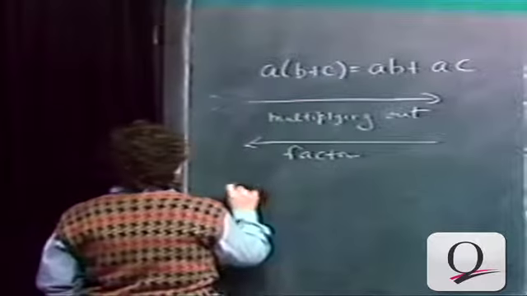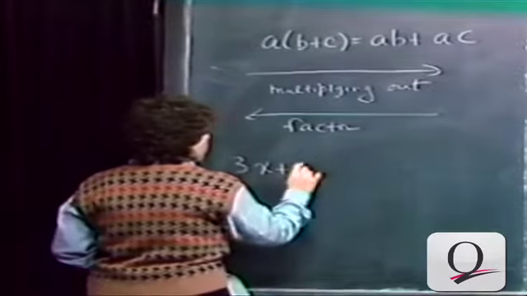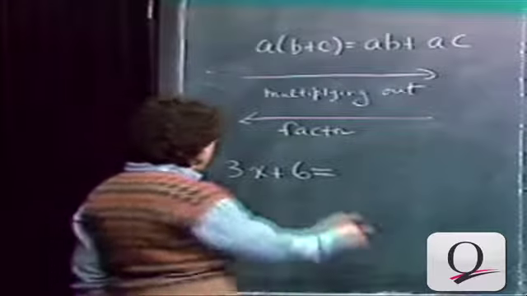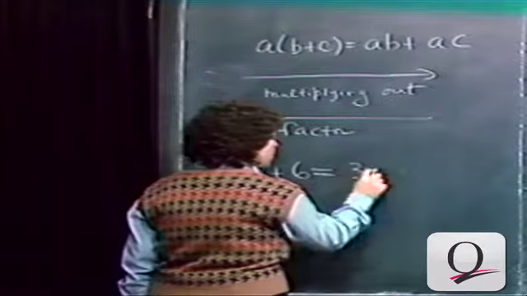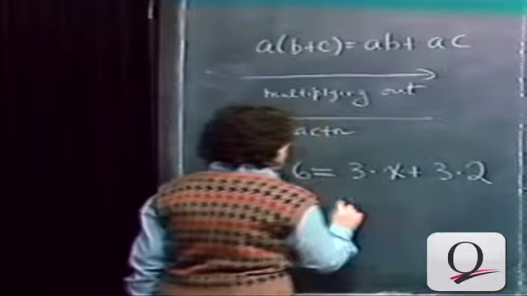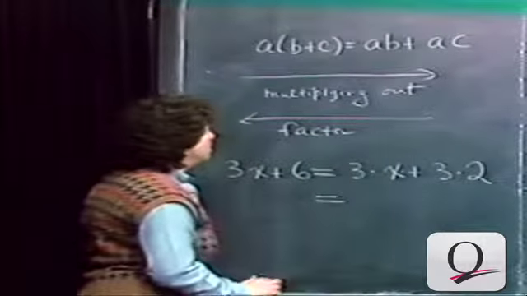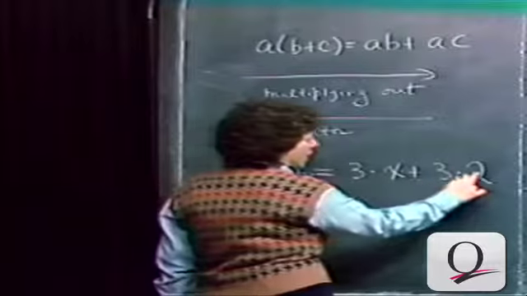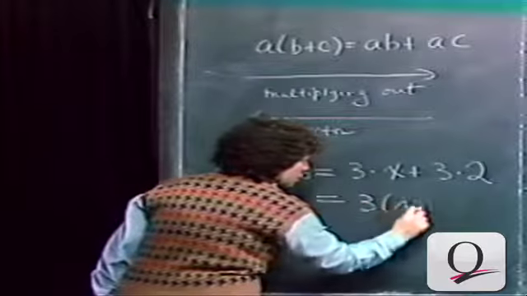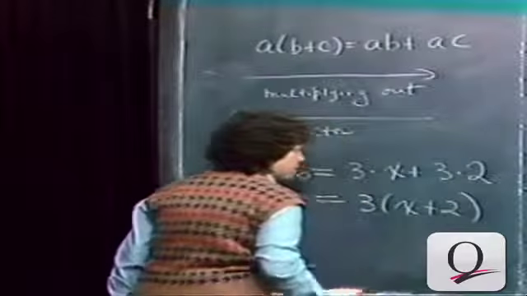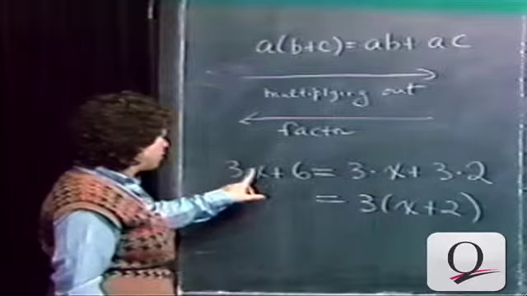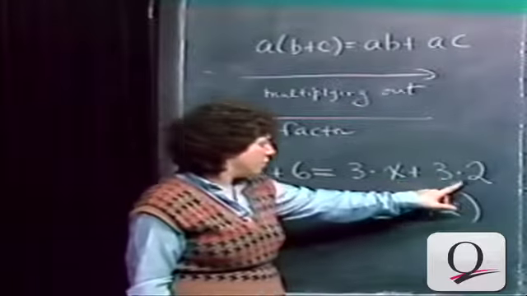If I have 3x plus 6, we can write this as 3 times x plus 3 times 2. And since this is AB plus AC, we can then write this as A times B plus C. 3x plus 6, writing it as 3 times x plus 3 times 2.